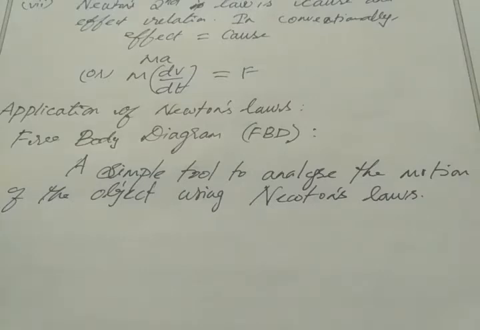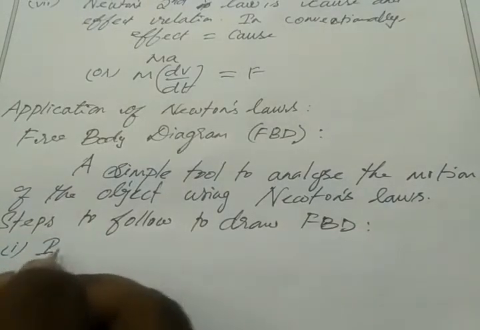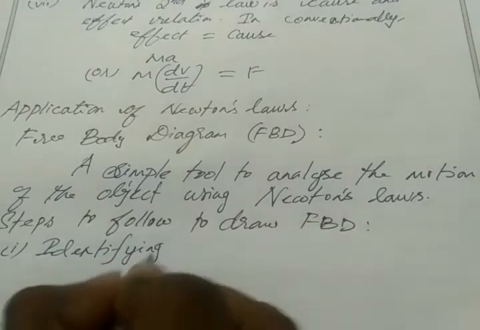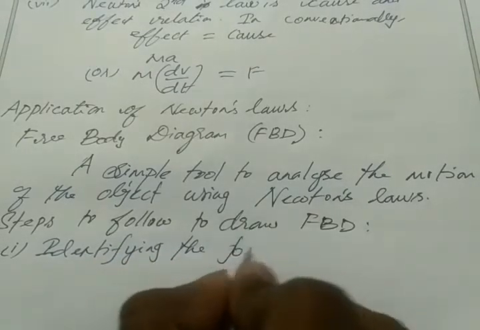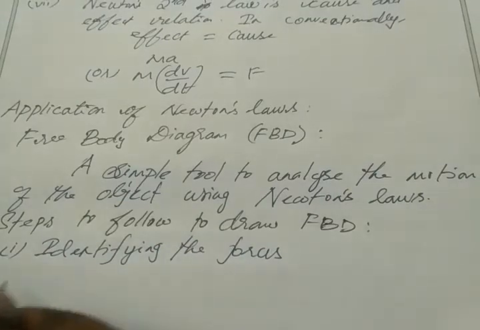There are certain systematic steps to follow when we draw a free body diagram. The first one is to identify the forces acting on the object. Then represent the object as a point.